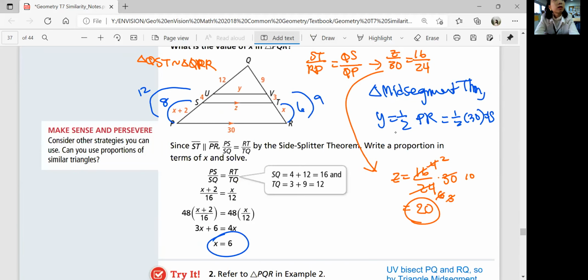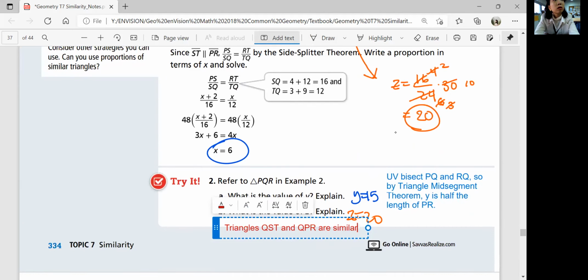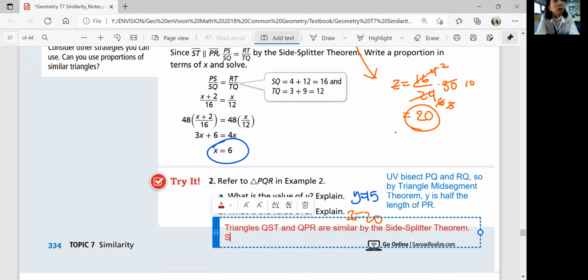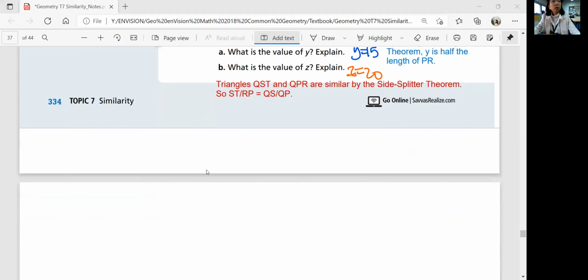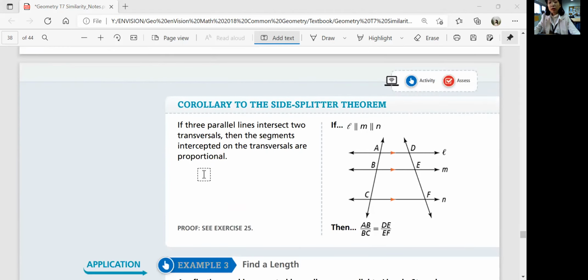By the side splitter theorem, ST over RP is equal to QS over QP. Okay, so let's look at the next page.